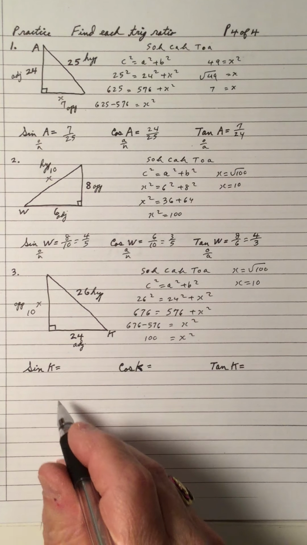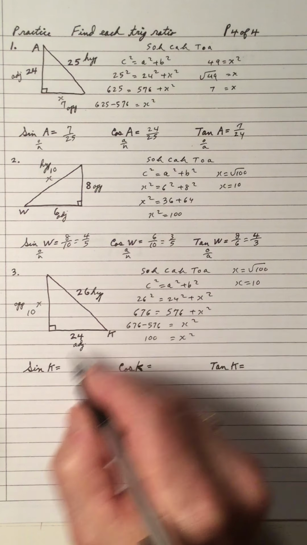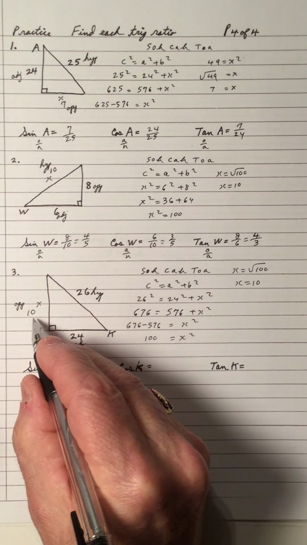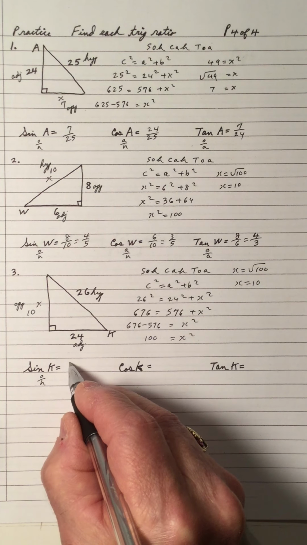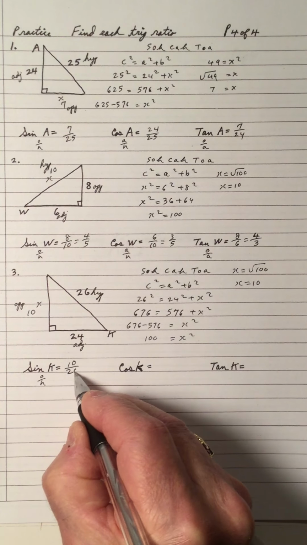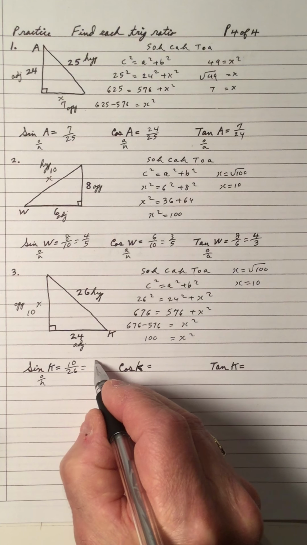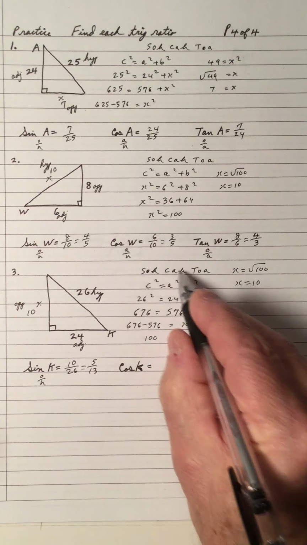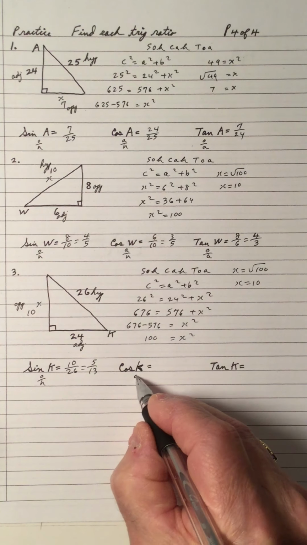Okay. So sine is opposite over hypotenuse. So opposite is 10 over hypotenuse is 26. But we can divide by 2 to get 5 over 13. Cos is the adjacent over the hypotenuse.